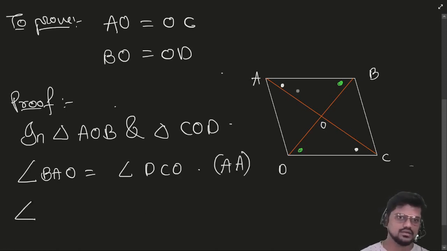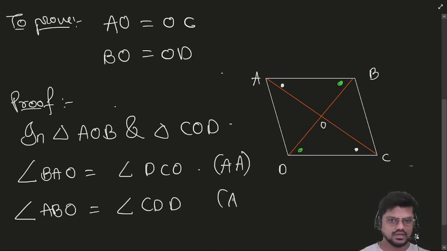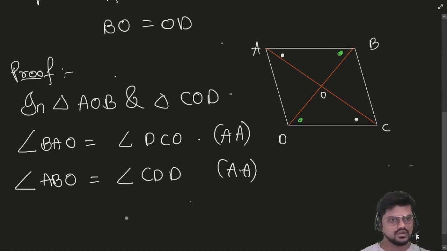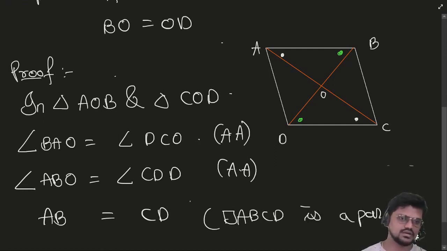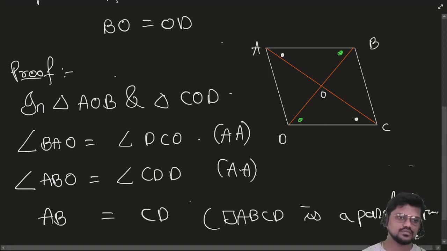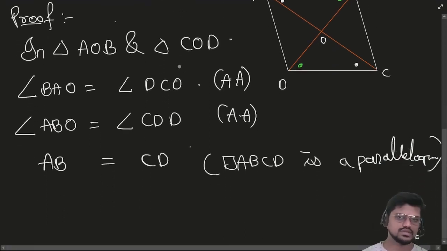Again, angle ABO is equal to angle CDO. Again, alternate angles. Also, AB is equal to CD. Why? Because quadrilateral ABCD is a parallelogram. In a parallelogram, opposite sides are equal. Then what can we say?